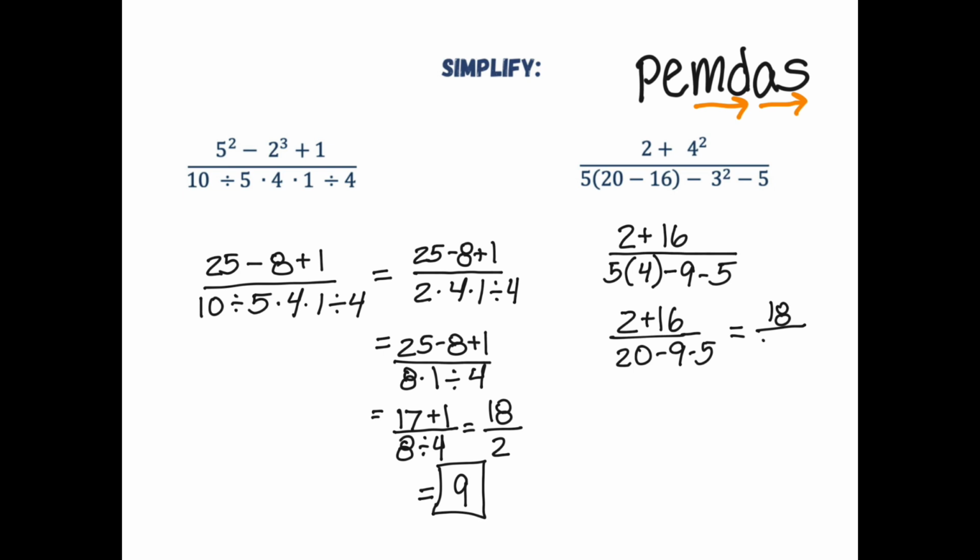That's why left to right is so important. 20 minus 9 is 11. Then I'm going to subtract 5. So that equals 18 over 6. My last step, because remember, fractions are division, is to divide 18 divided by 6. And that gives me my final, fully simplified answer of 3.